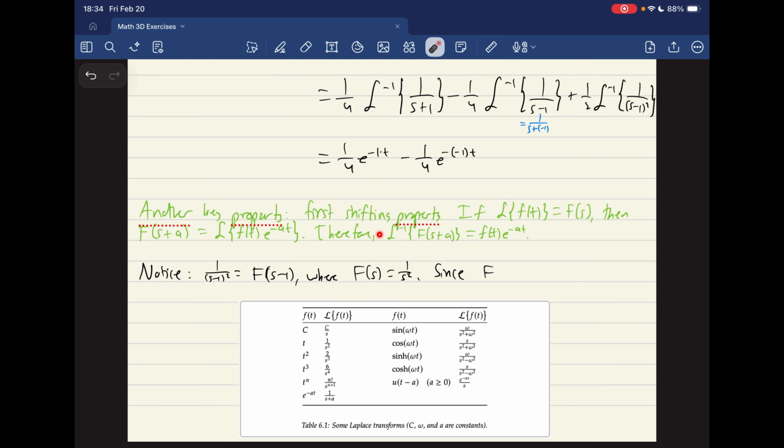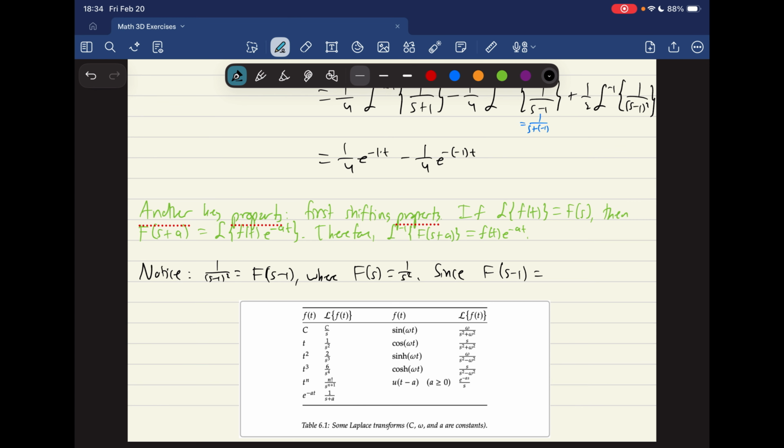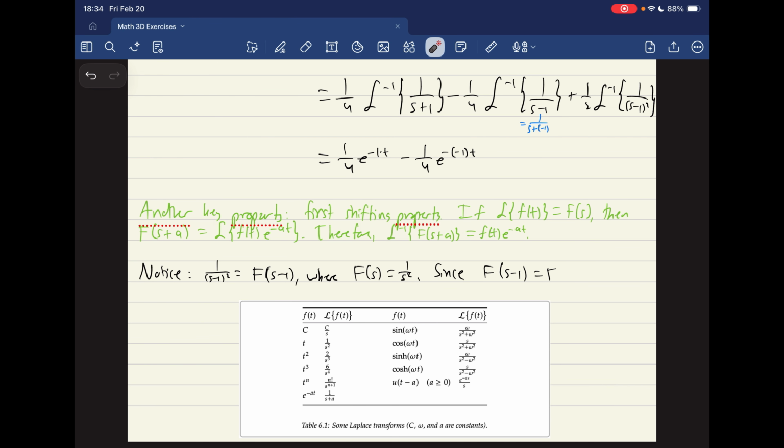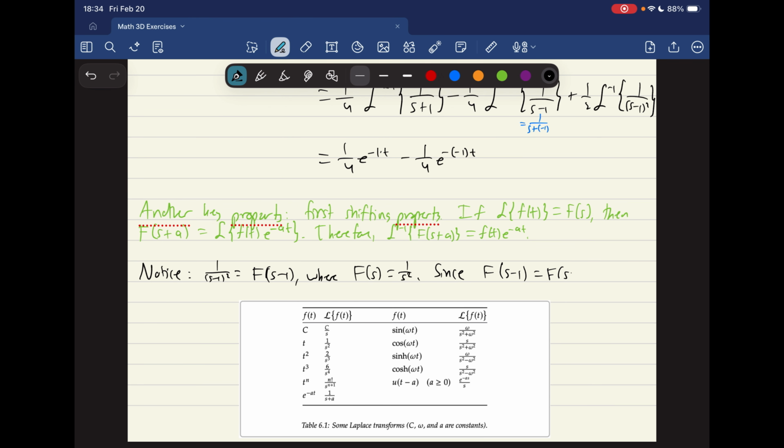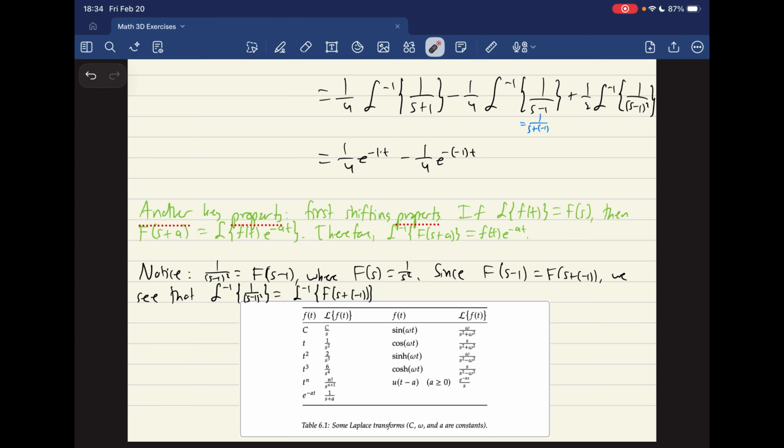So now to apply this shifting property, let's rewrite this in a way that looks like s plus a on the inside. But that's easy enough. We just need to do the same trick I did in blue up here. Instead of writing s minus 1, I'm going to write F of s plus negative 1. So then applying the shifting property, the inverse Laplace transform of 1 over (s − 1)² is going to be the inverse transform of F of s plus negative 1, where F is this function right here.